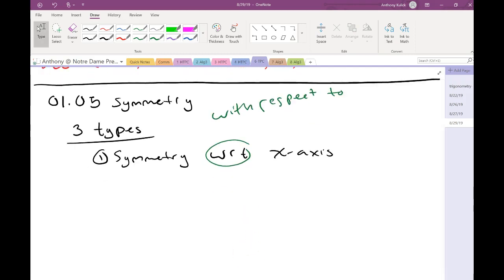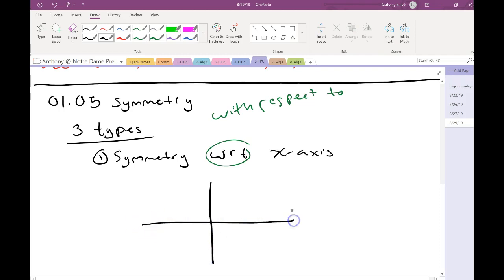And just as has been our pattern, we're not going to give the really formal, rigorous definition of what we mean by this. Instead, we're just going to draw ourselves a picture, because primarily what I'm going to want from you guys is that you're able to know it when you see it. So this is an example of a graph that's symmetric about, or with respect to, the x-axis.